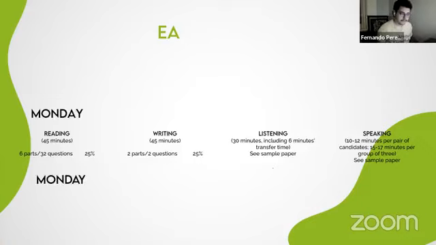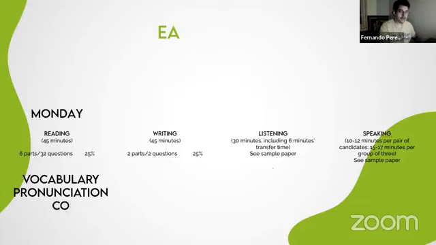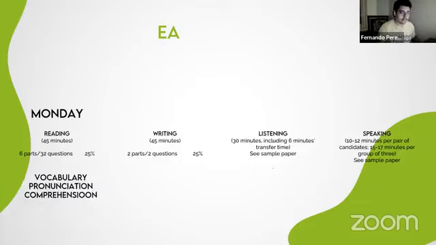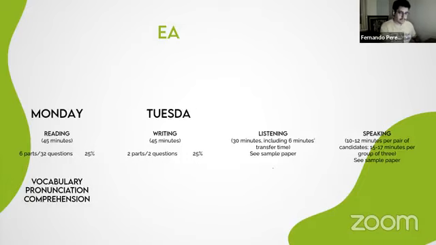Okay? Vocabulary, pronunciation, comprehension. On Tuesday, it's going to be writing. Tuesday and Wednesday. Why 2 days?